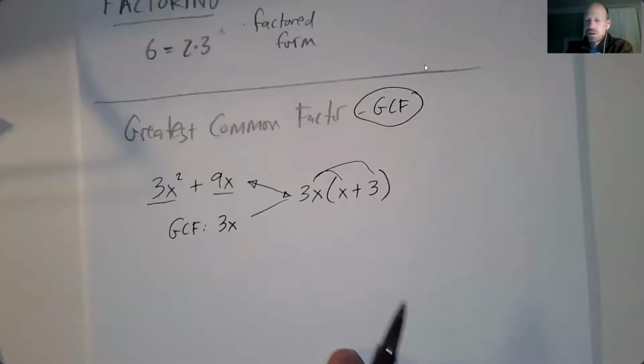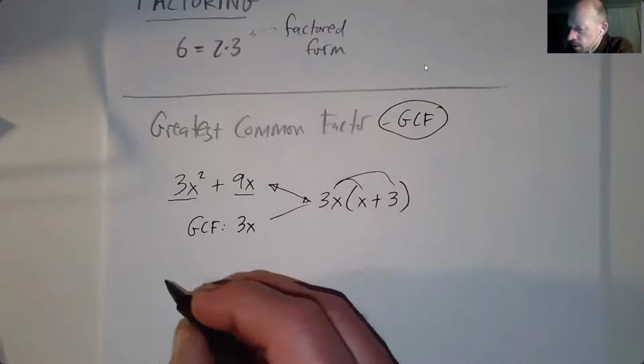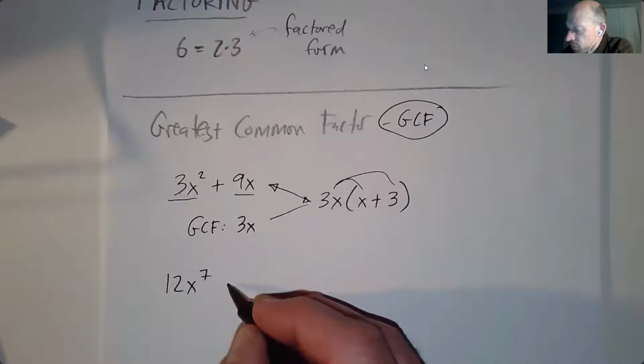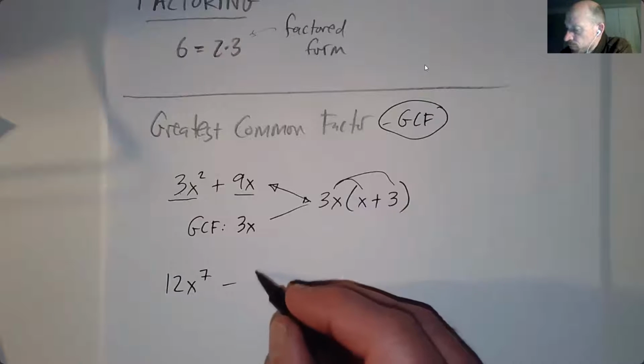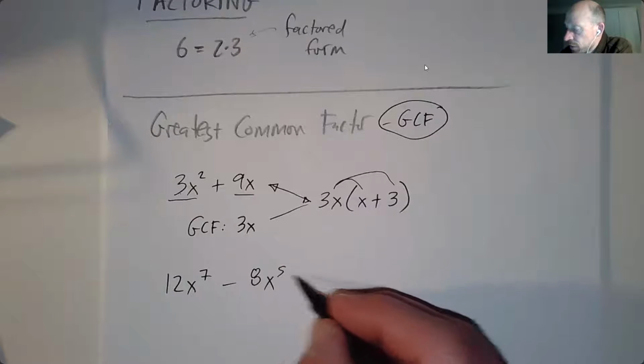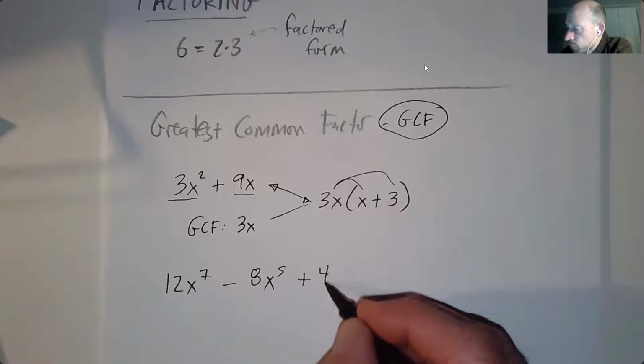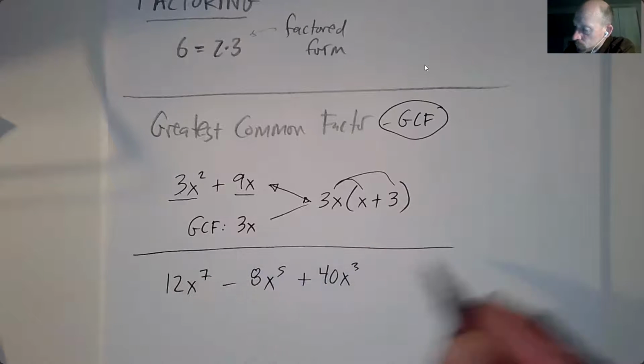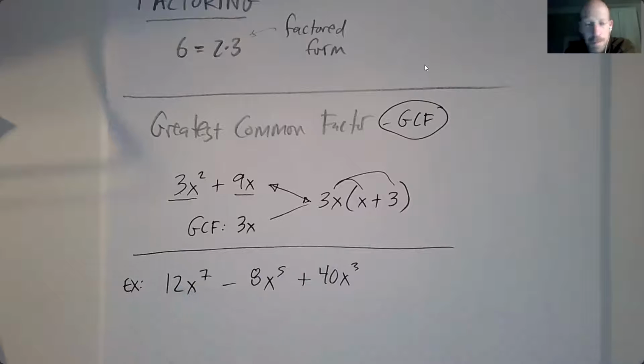And these can look a little bit more complicated. 12x to the 7th minus 8x to the 5th plus 40x cubed. This is a trinomial.